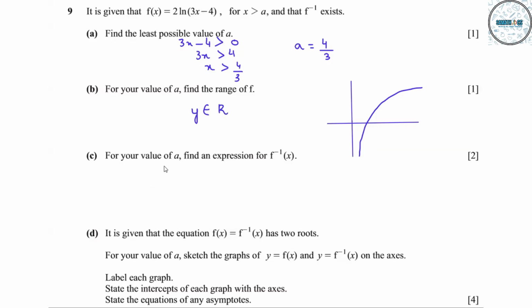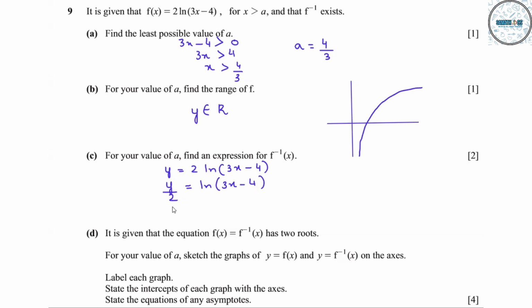For your value of a, find an expression for f inverse of x. Y is equal to 2 ln (3x minus 4). We have to make x the subject. So first of all, we will take 2 to the denominator. Y upon 2 is equal to ln (3x minus 4).